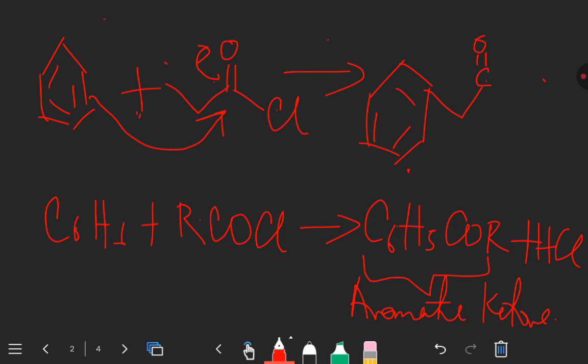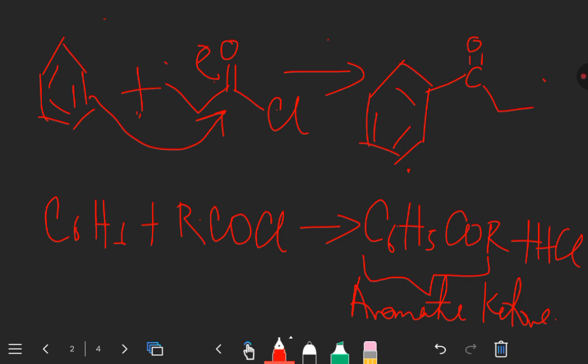Then this will be bonded to a certain alkyl chain.